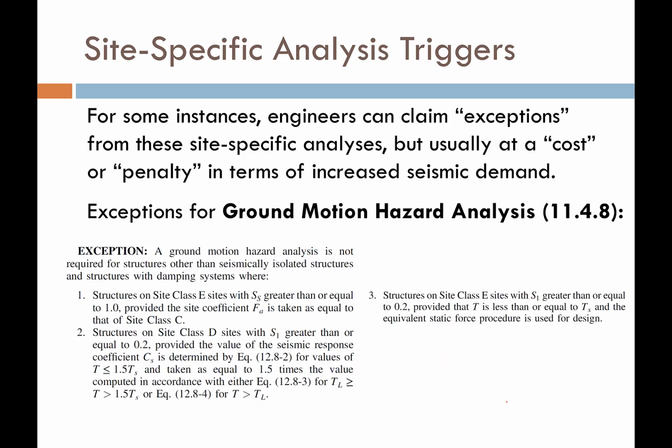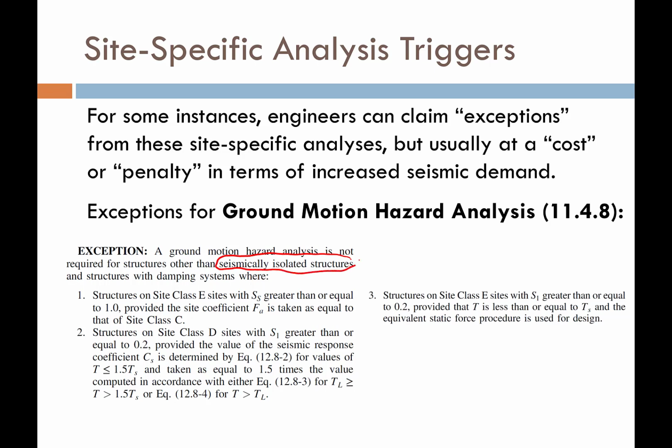Now, if the code is requiring you not to do a site response analysis, but instead a ground motion hazard analysis, or a PSHA and DSHA, then there are some exceptions to that too. The ground motion hazard analysis is not required for structures other than seismically isolated structures.